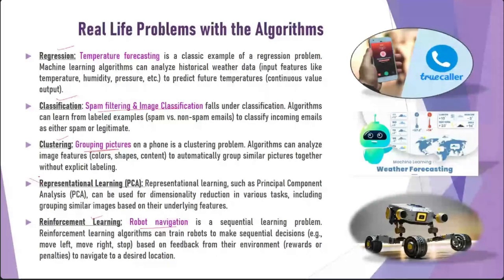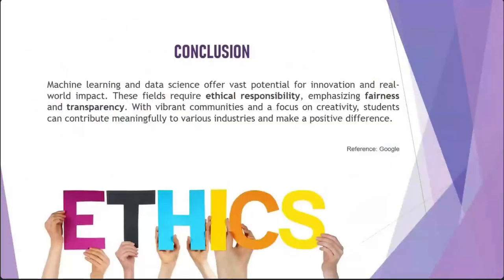Okay, so we have come to the final slide of our session, which says that even though data science and machine learning have potential for a lot of innovation, you must not hack your friend's mobile. Is that clear?